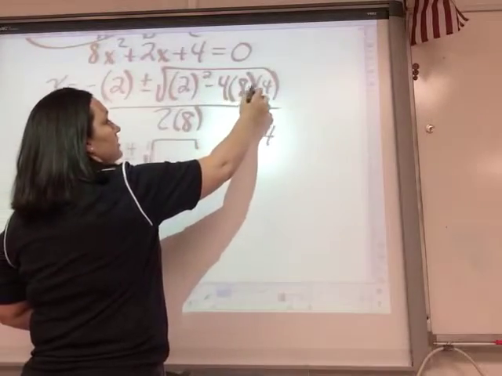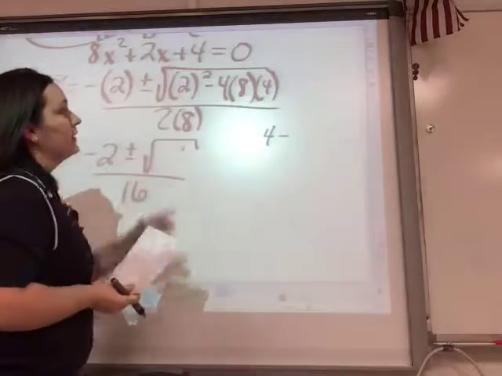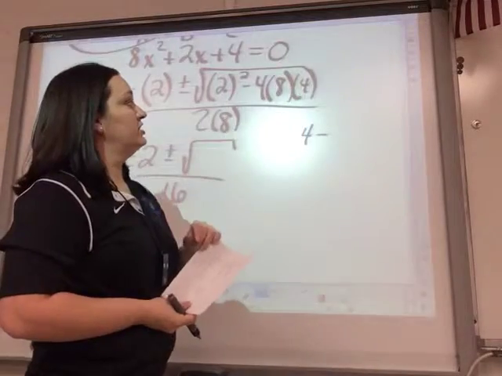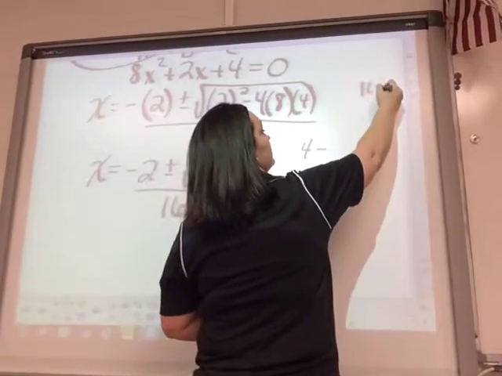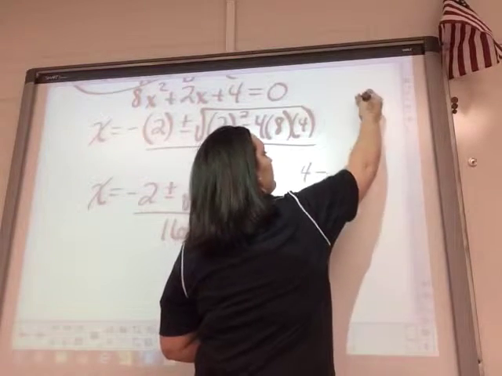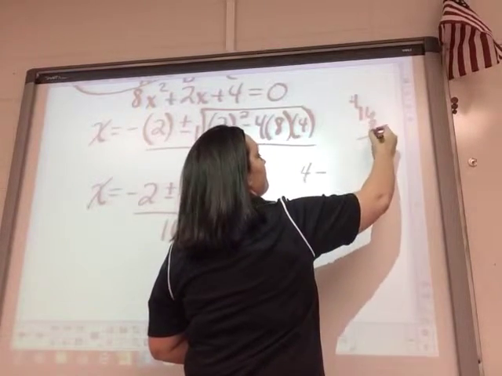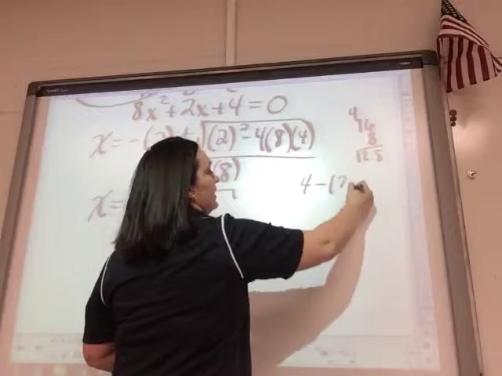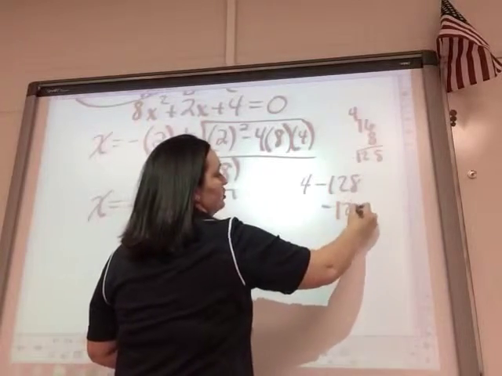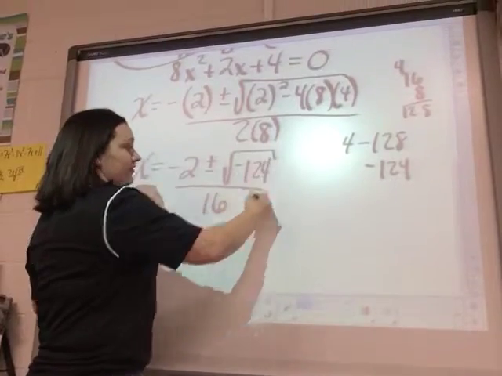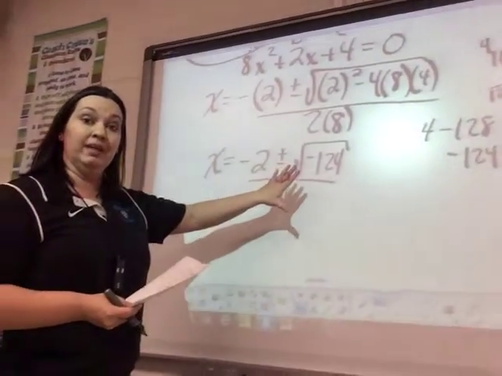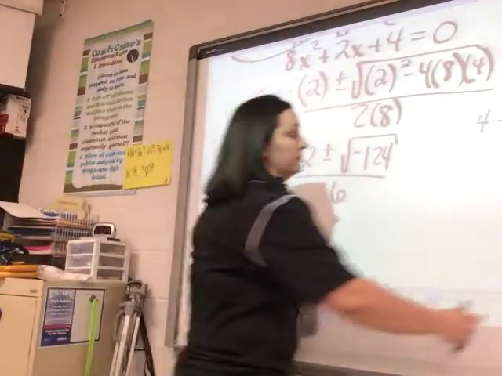A negative times a positive is still a negative. 4 times 4 is 16 times 8. 16 times 8. Let's do some math here on the side. 16 times 8. I'm going to get 128. So I get a negative 124 on the inside of my radical. Definitely going to be an imaginary number because my discriminant is a negative number, so very important.